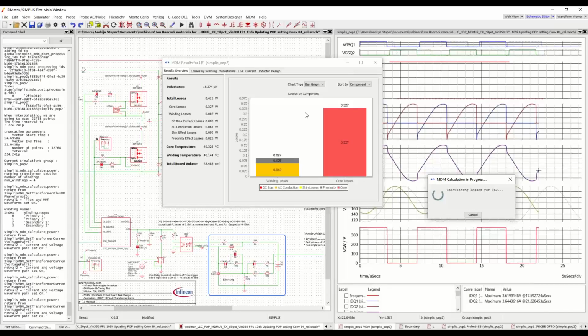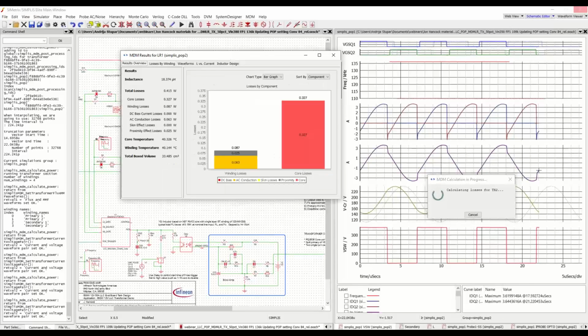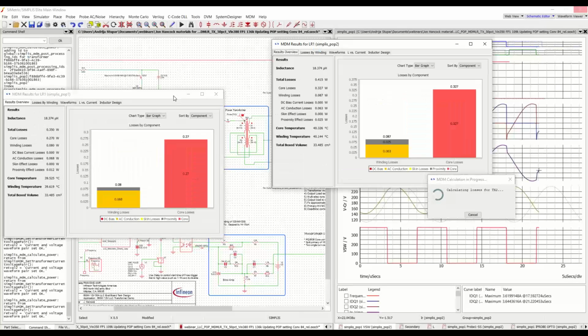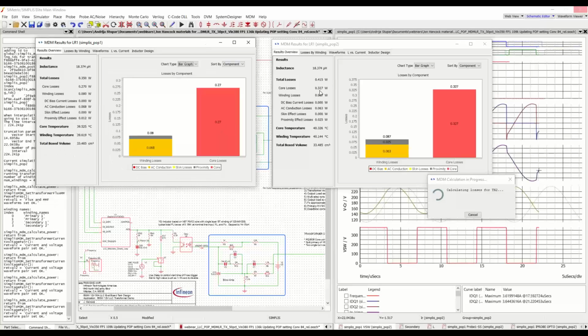And transformer losses are coming up. And if we look at the difference here, we will see that our inductor losses go up a little bit, by about 0.1 watts, well, even less than that, as we increase the input voltage.